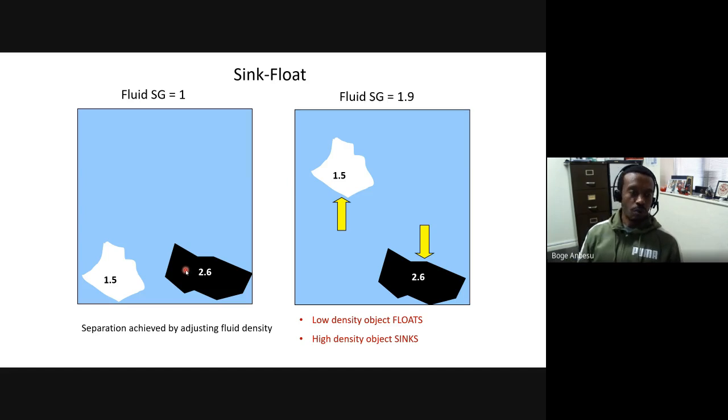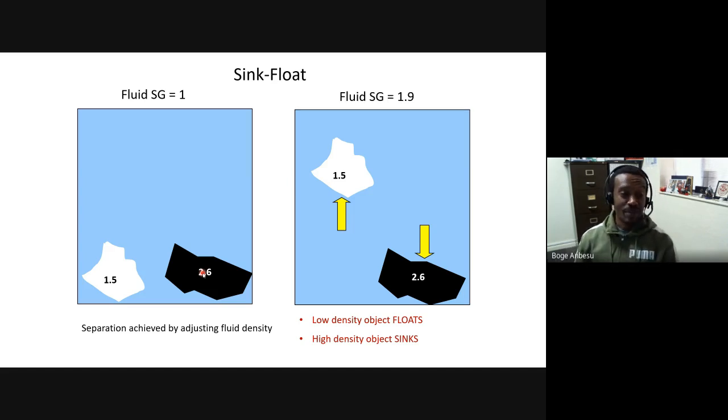If you put both these particles in water and you're not applying any hydrodynamics in the separator, most likely these two particles will sink simply because they're denser than water. So you would expect something with specific gravity of 1.5 to sink and something with specific gravity of 2.6 to sink in water as well, because we know specific gravity of water is around 1.